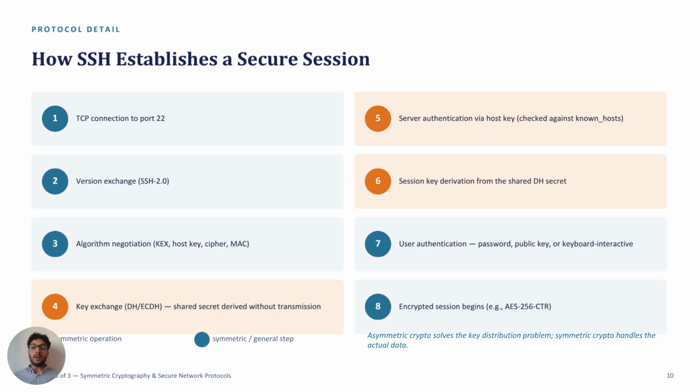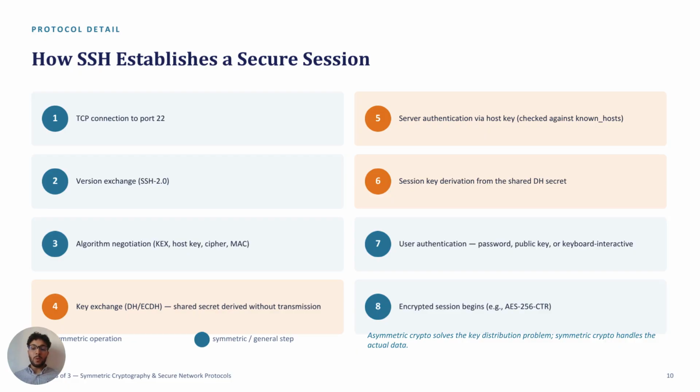The server then authenticates itself using its host key. The client checks this against a local database of known hosts to prevent man-in-the-middle attacks. After mutual trust is established, authentication happens by password or, better, public key authentication using RSA or Ed25519.